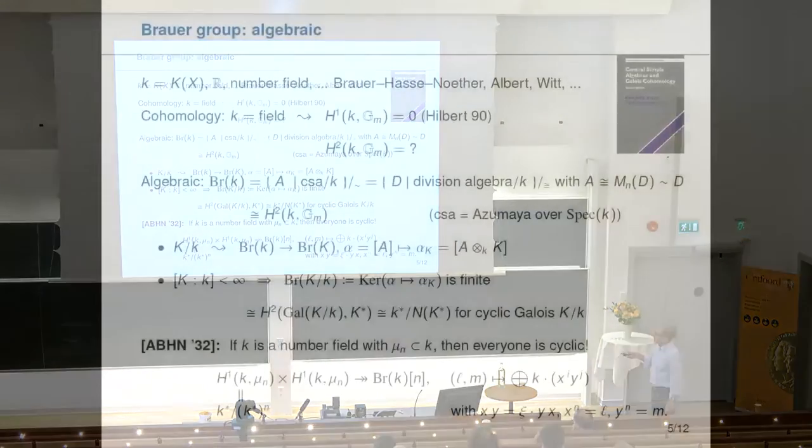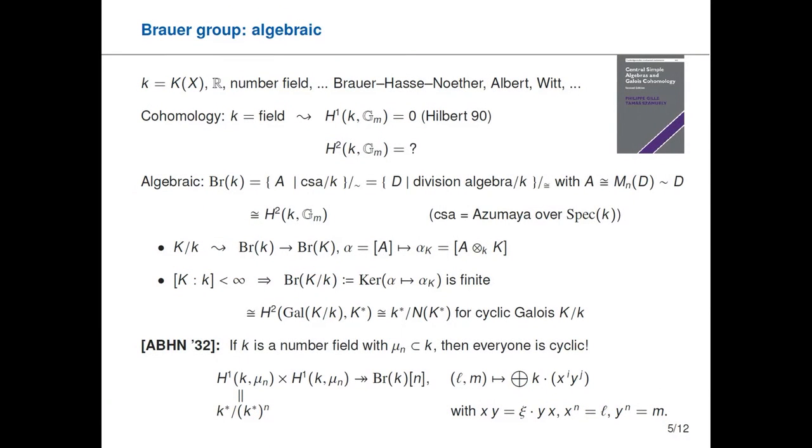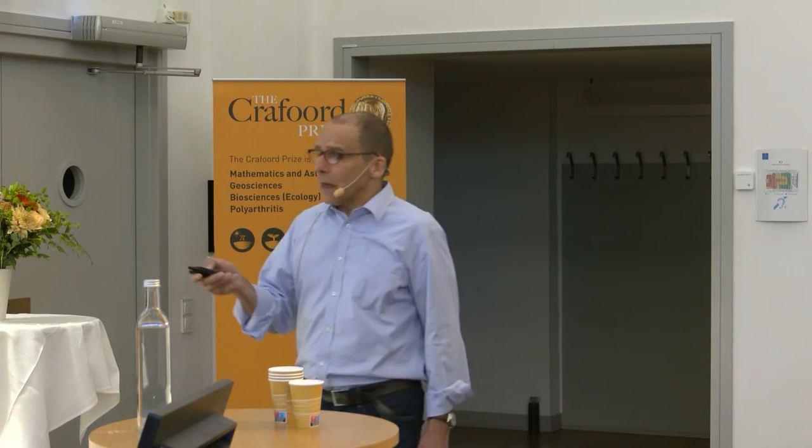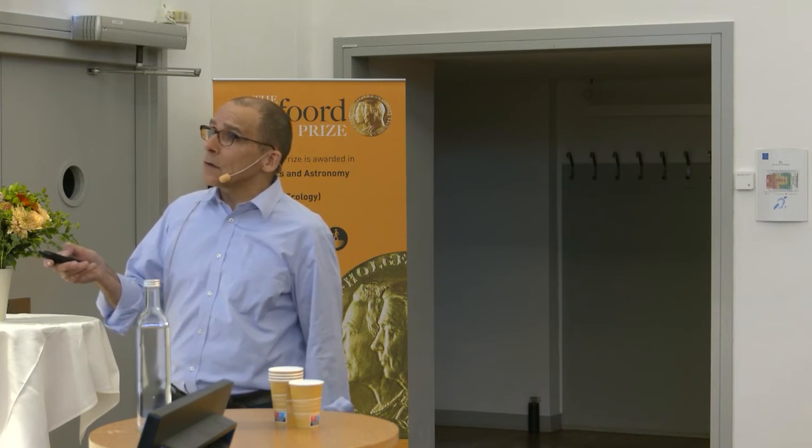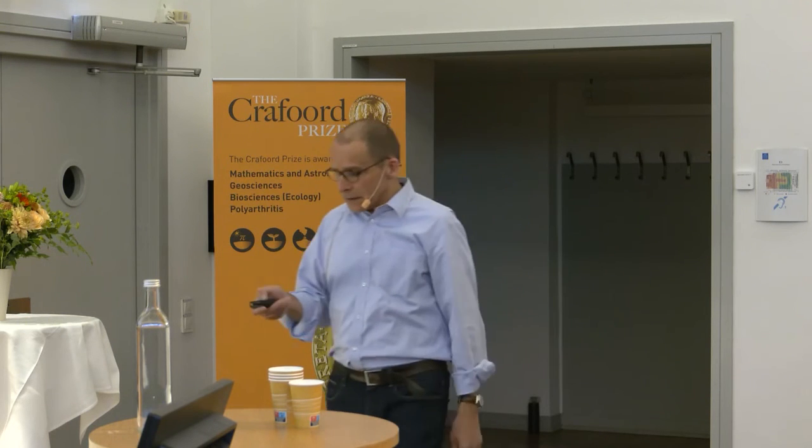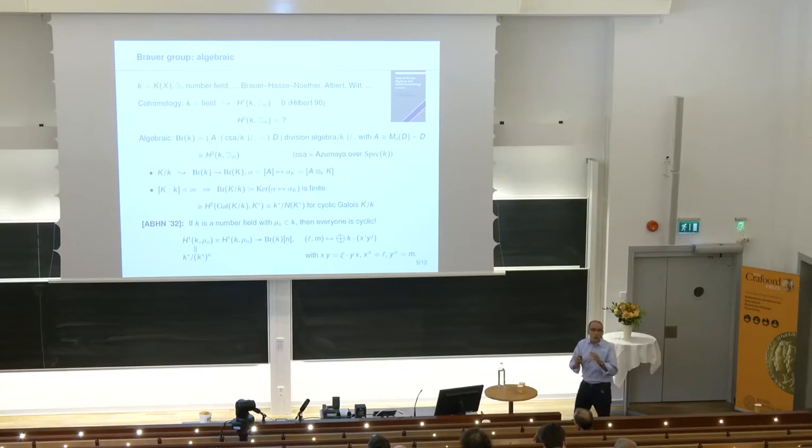And if you identify the units up to nth power with the first cohomology with values in mu_n, then this is the theorem that this map is a surjective map. So every Brauer class of order n on the number field k is obtained via this construction. This is like the holy grail of Brauer theory for number fields.